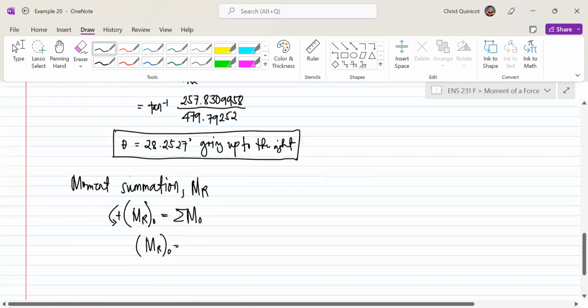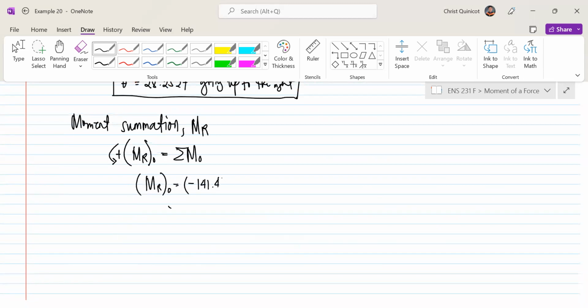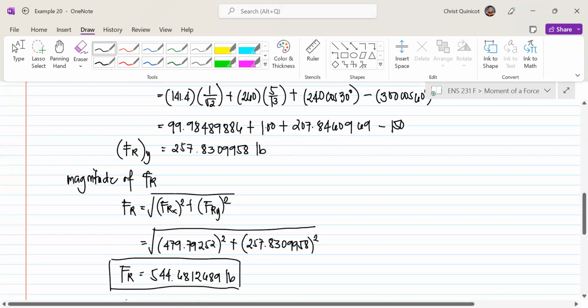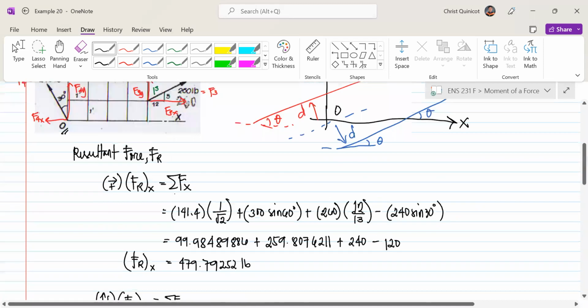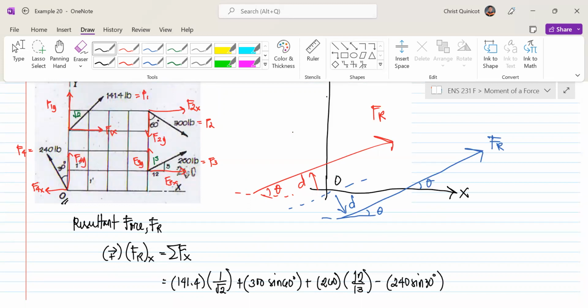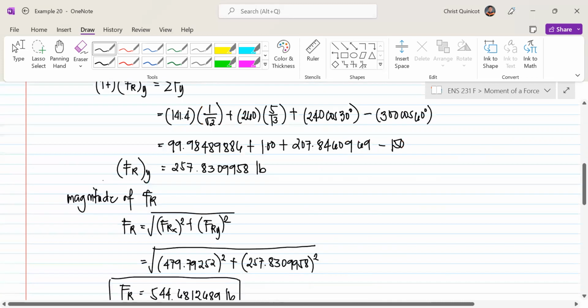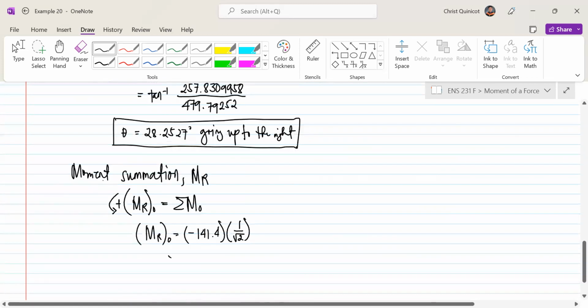So that is negative 141.4 times 1 over square root 2. Now the perpendicular distance would be 1, 2, 3, because take note that our F sub 1 is applied here. So that is 1, 2, 3. So times 3 feet.